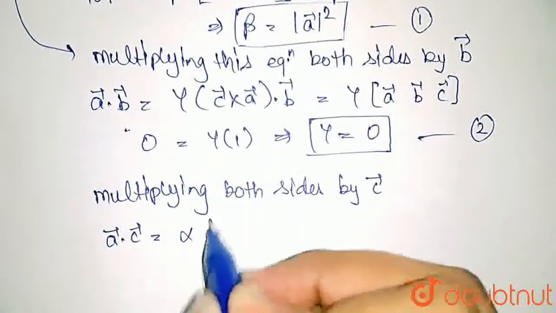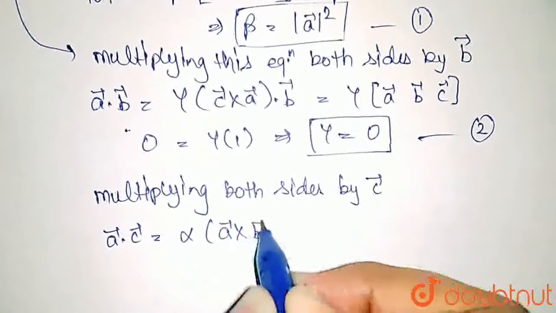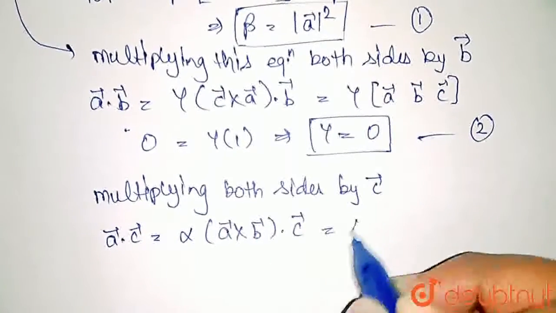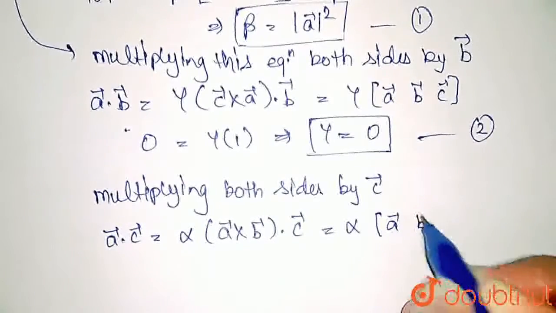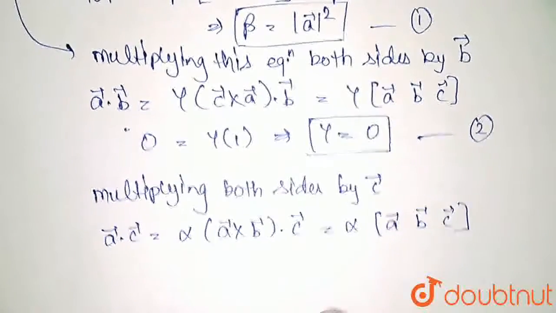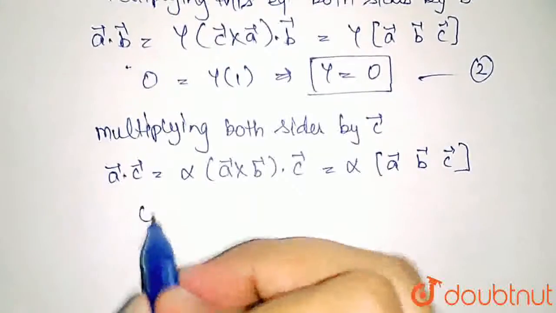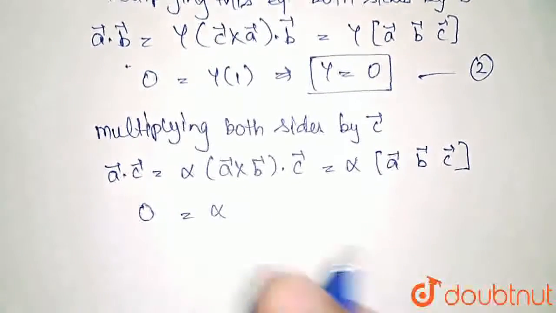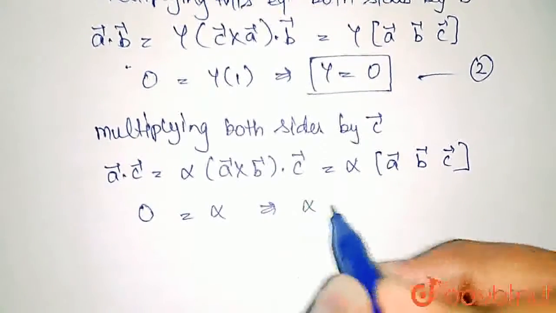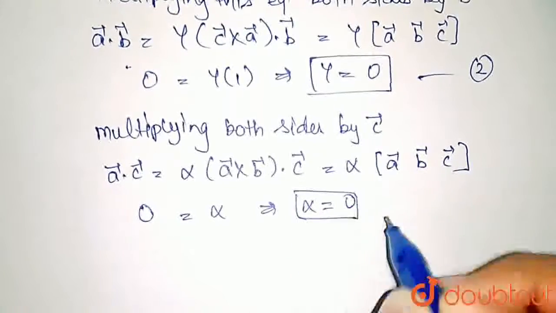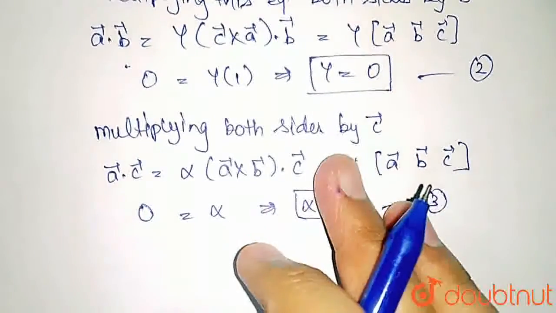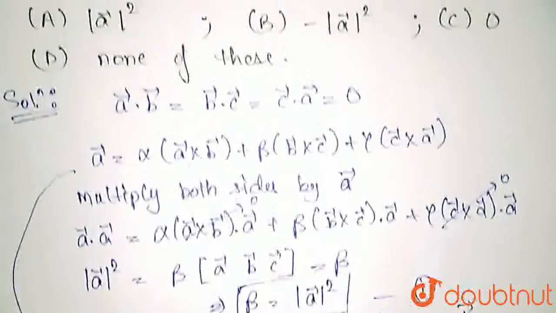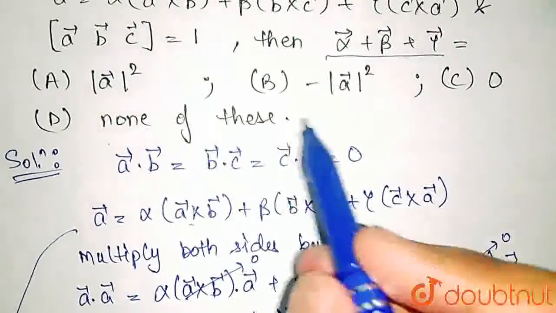So we are only left with alpha A cross B dot C. This is again alpha into scalar triple product of A, B and C vectors, and A dot C was 0 is equal to alpha. This implies alpha is 0. This is third.